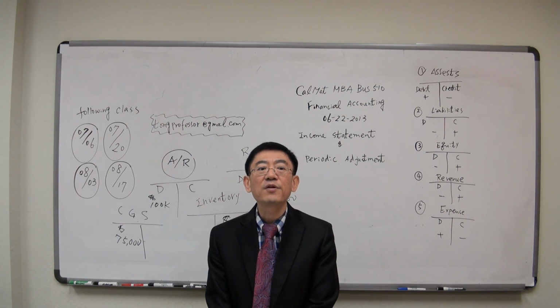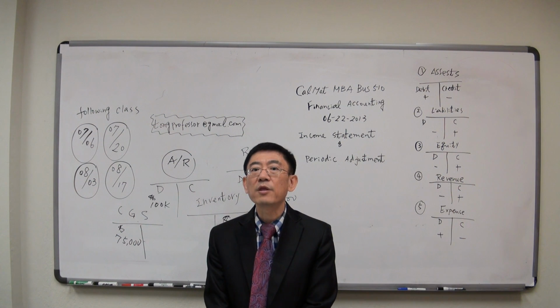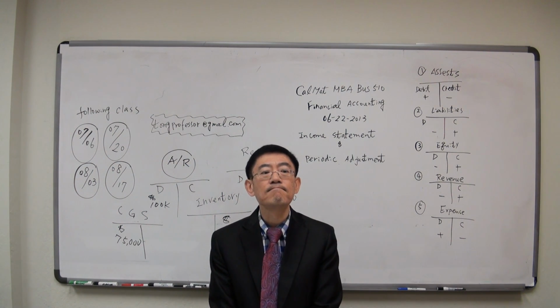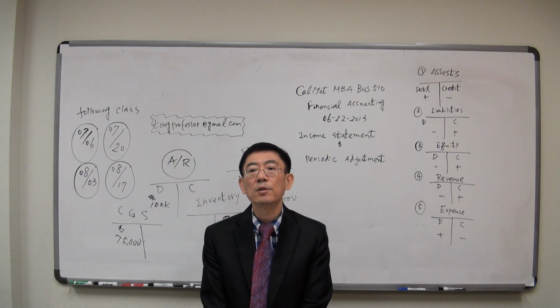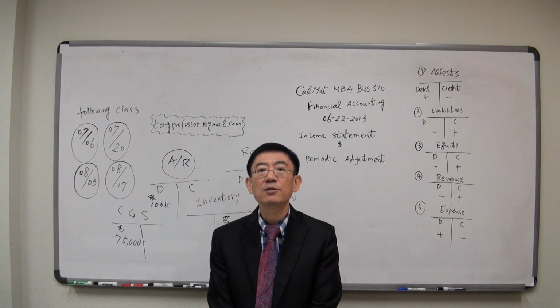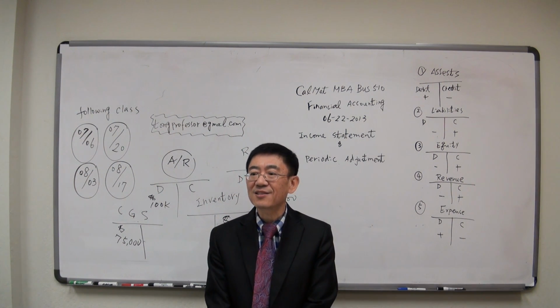So within the 30 days, when your company receives a $100,000 payment, what should we do? The day we receive $100,000 cash, remember I gave you the hint last time?